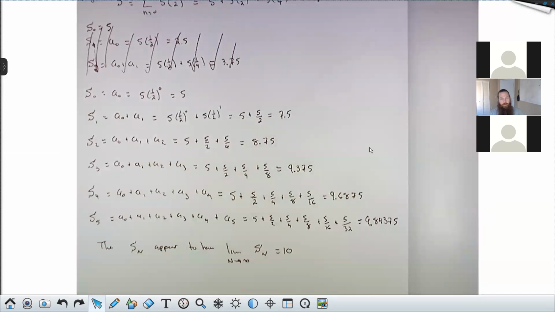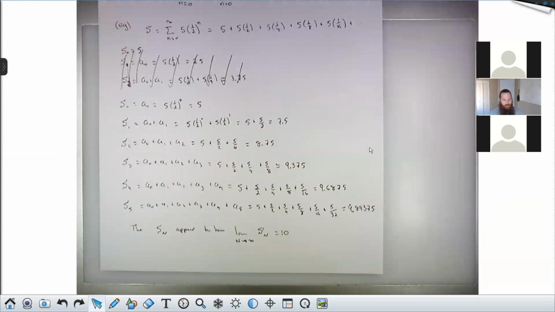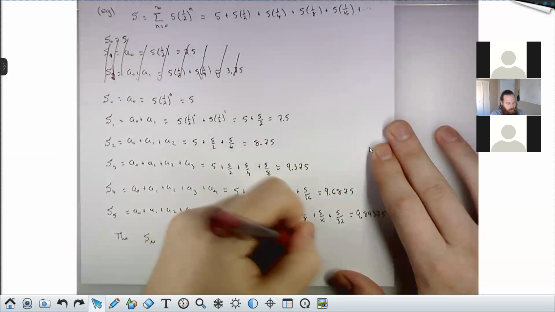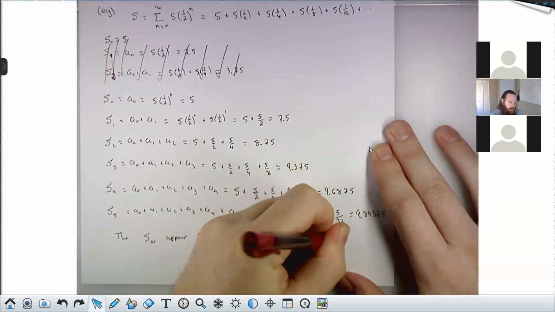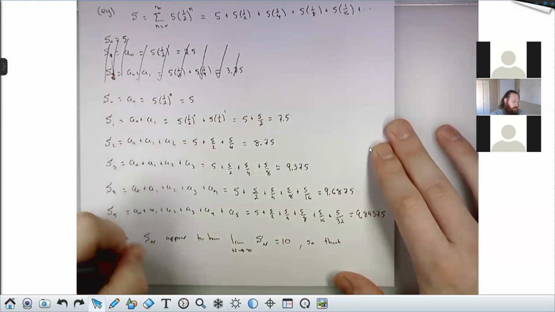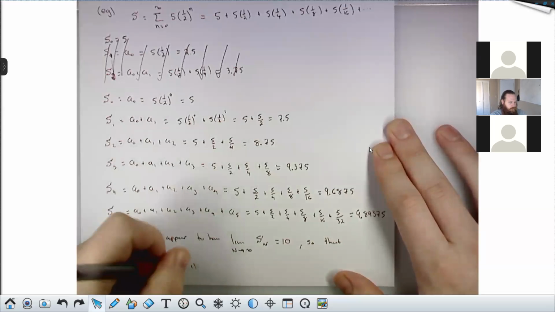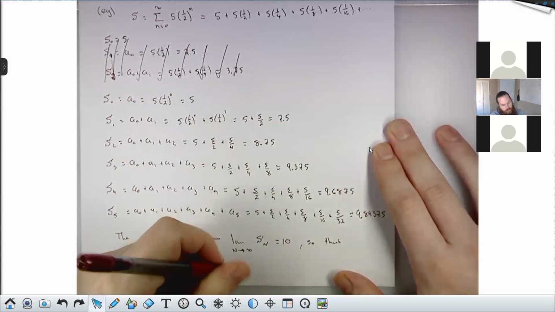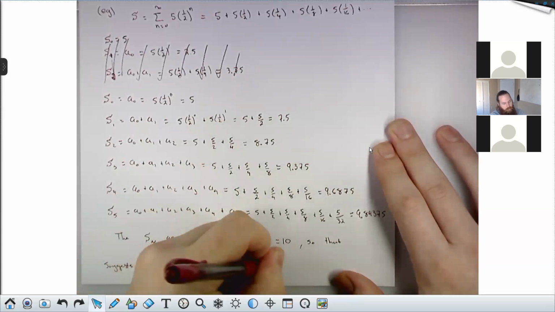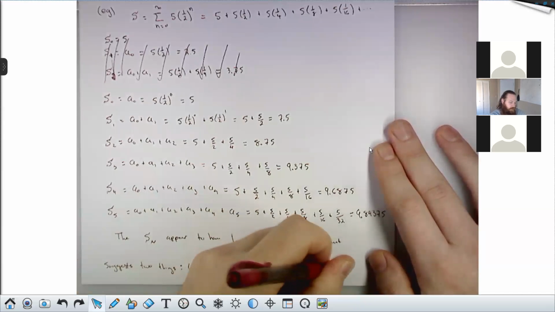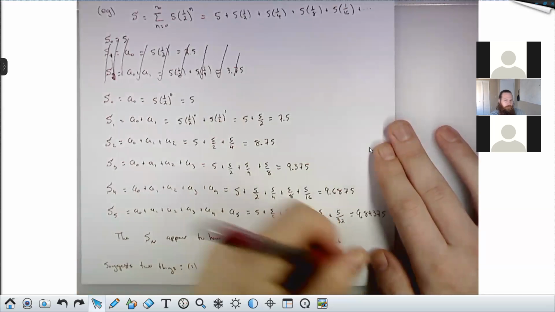And that's actually correct. This series does converge to 10. So that suggests two things. First, that the series S converges, and two, that the sum of the series is S equals 10.